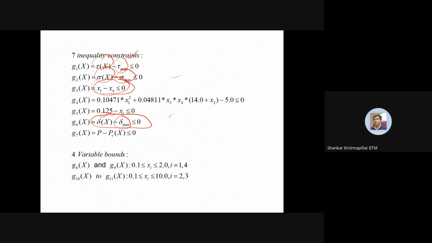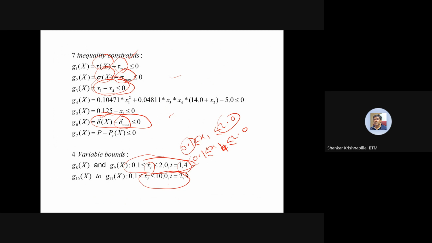Then four variable bounds are there: xi, i equal to 1 to 4. x1 and x4 are varying between 0.1 and 2.0.